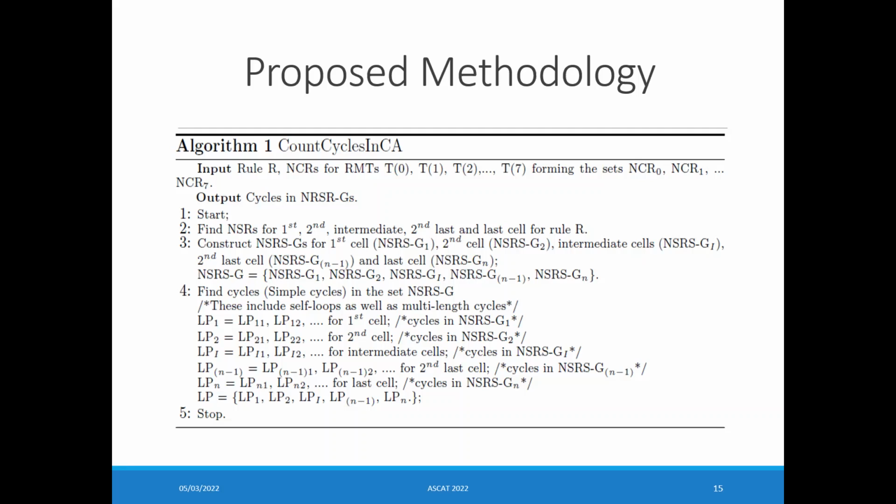And from the NSR, we will construct the NSRSG for each of these cells. And from the NSRSG, we will construct the loop, that is, the loop will contain the self-loop as well as the multi-length loop for each cell.